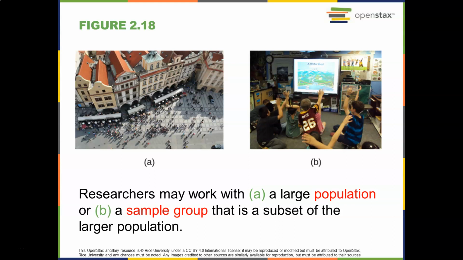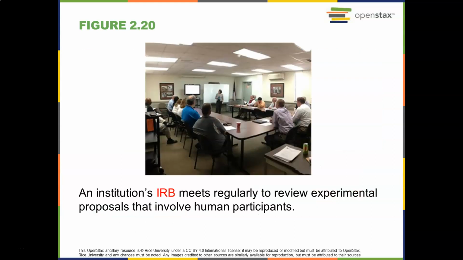The researcher might want to get an even number of students from each grade level, and both males and females, any sexual identity, and that way the sample group more closely represents the entire population of the college. So I hope that makes sense to you. Let's move on.